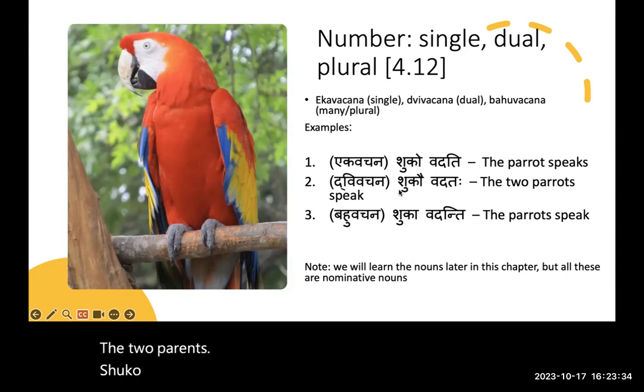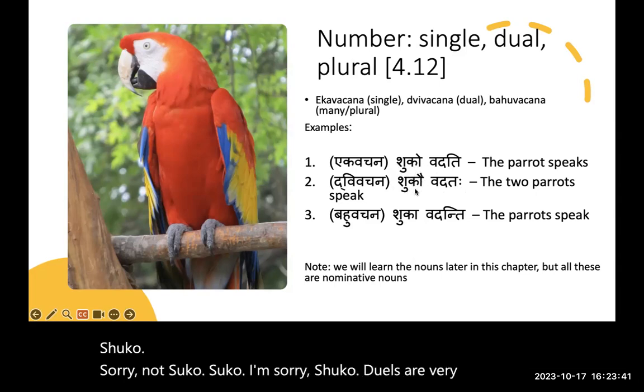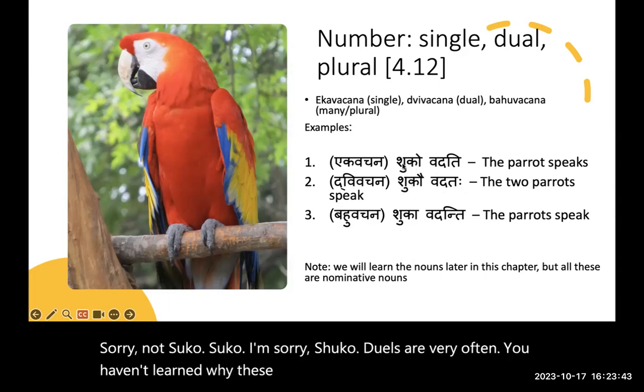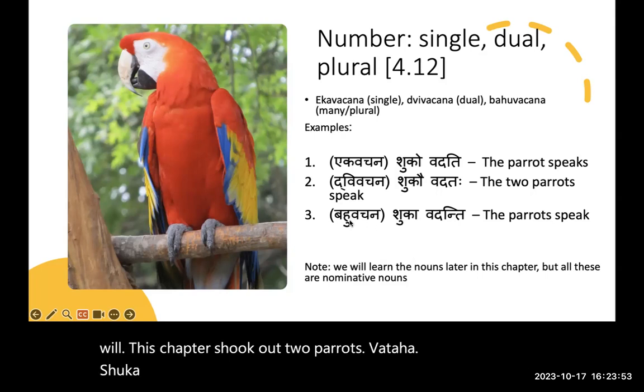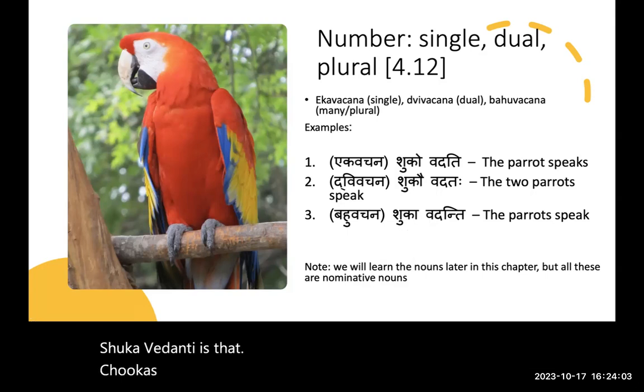Shukau. Duals are very often this ending. You haven't learned why these new nouns have this ending yet, but you will this chapter. Shukau, two parrots. Vadata. Shukaha, many parrots. Bahu, shukaha. Vadanti. Shukaha vadanti. Is that shukaha vadanti?